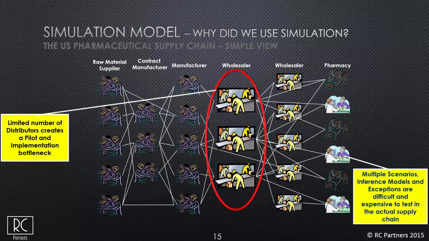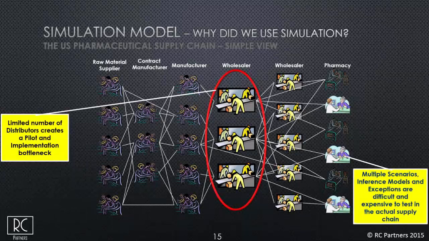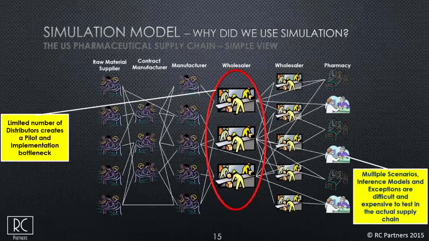We also realize as we go through this is that it's one thing to make a system work. It's another thing to make a system work when there are errors taking place. And in 2008, we identified 33 different errors that would cause product to move back to the manufacturers rather than forward to patients. So all of this had to be tested.